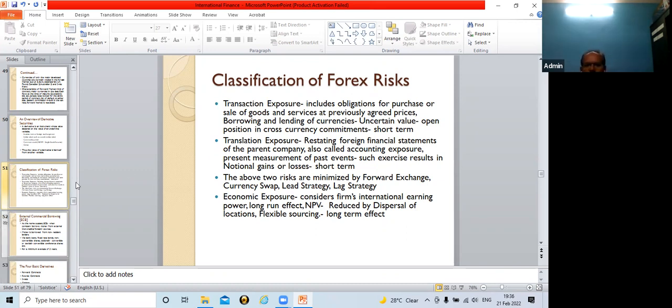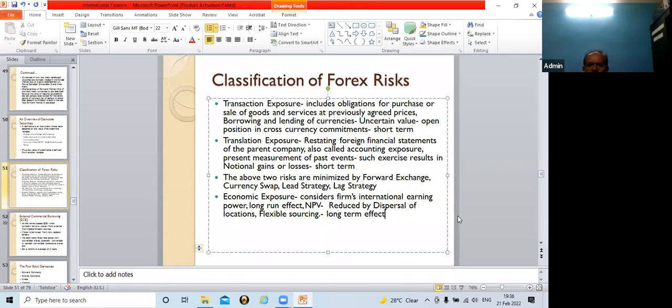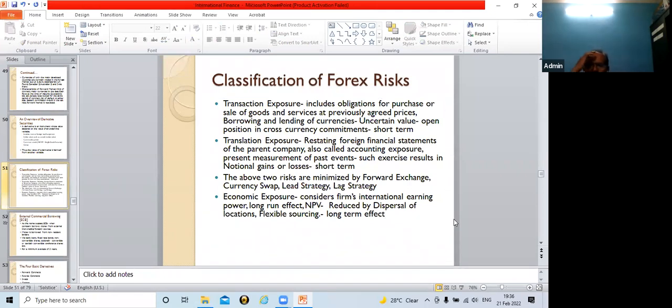These are the points covered under economic exposure. On the basis of this NPV and the firm's international earning power, we assess the economic exposure of the company. So classification of forex risk: there are 3 exposures, transaction, translation, and economic.